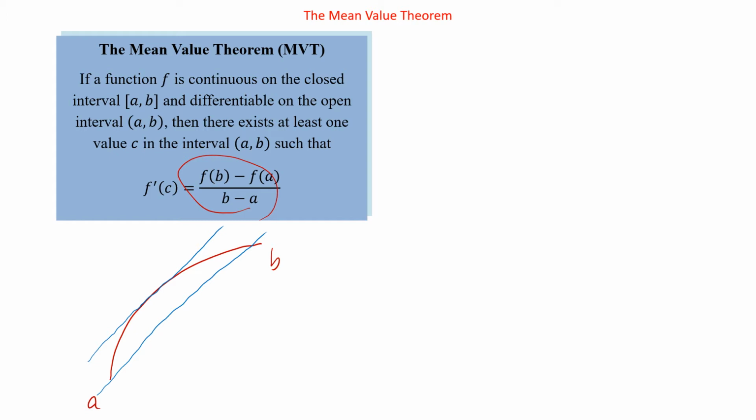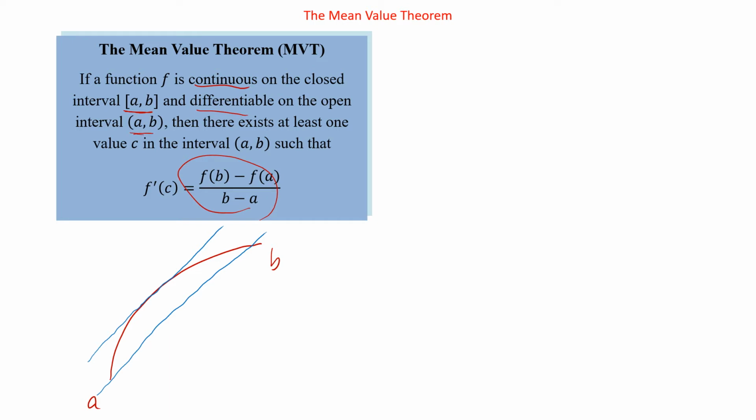Chances are there's more than one in this situation, but that's what it means. At some point in time, your average rate of change and your instantaneous rate of change will be equal. But again, that's assuming we need it continuous on the closed interval, so that includes the endpoints, and differentiable on the open interval.